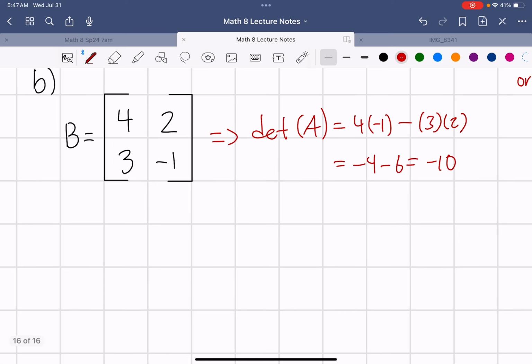So then all we have to do to find B inverse is write the determinant, which is 1 over negative 10.